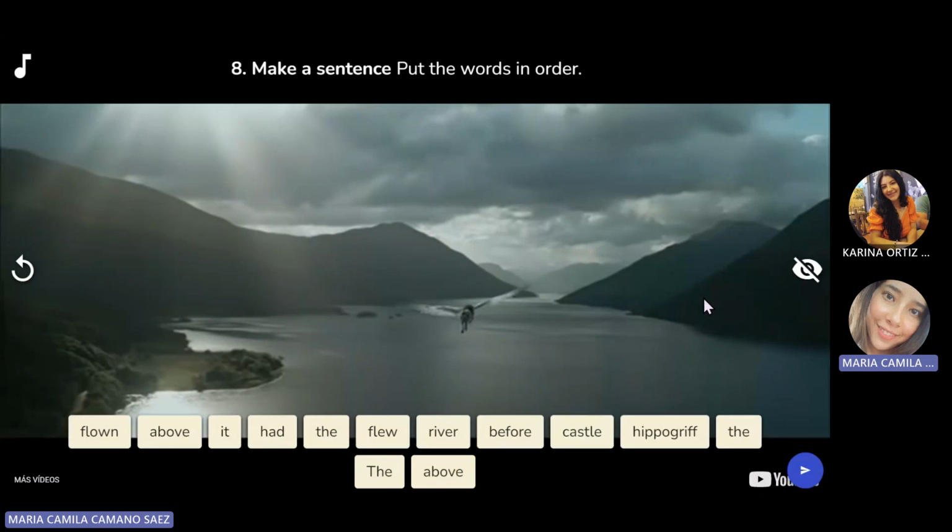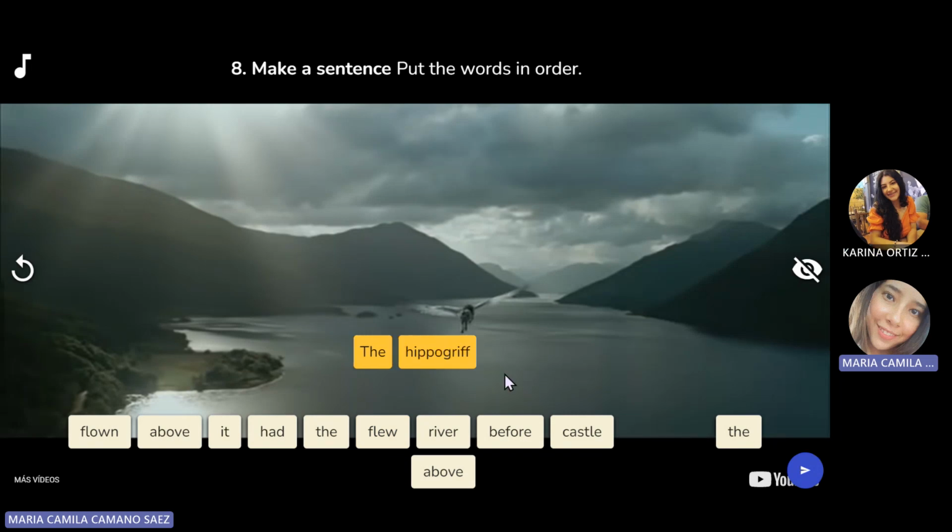Okay, we're going to make a sentence. I'm going to help you with this. What do you think? Hippogriff. Okay, let's go.